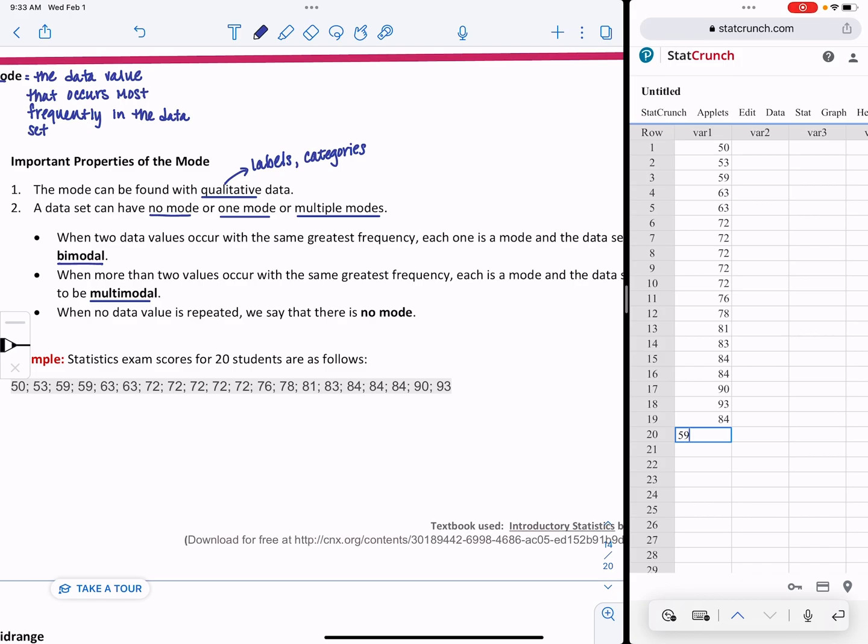And maybe 4 people said they like to bring their lunch to campus. And 4 people said they want to go to the regular dining hall. So that would give us a multimodal situation. If we don't have any value that's repeated, so everybody has a completely different opinion about something, we can say that there's no mode, and that's totally valid.